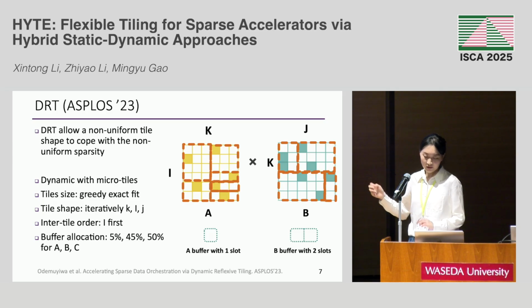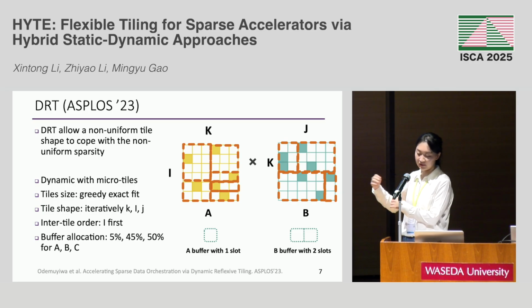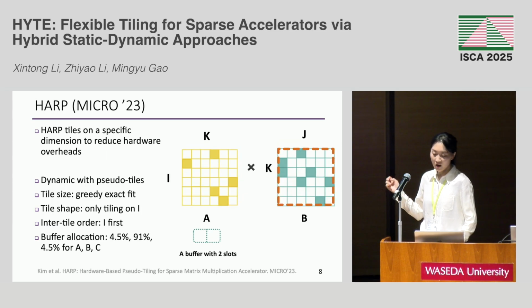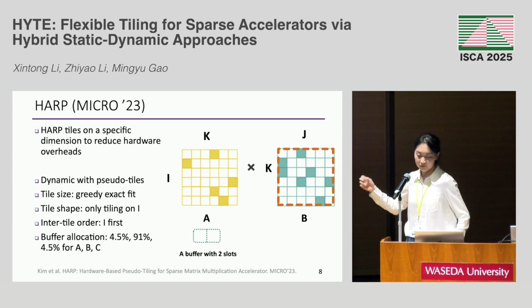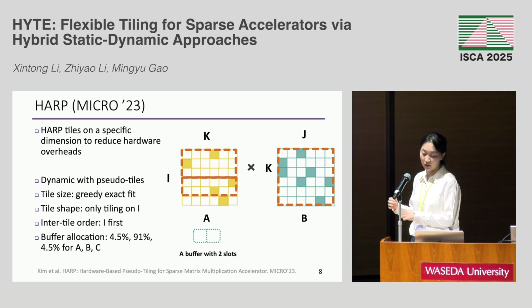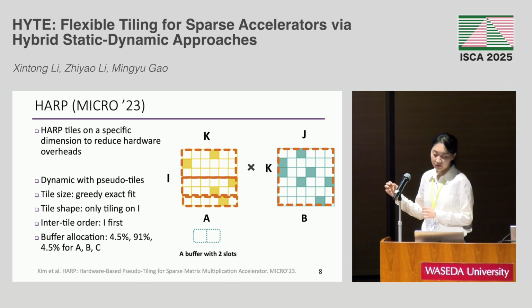The growth order is fixed, expanding K first, then I, then J. To enable this, data is preprocessed into macro tiles. HARP also uses a dynamic tiling strategy, but to cut the preprocessing and hardware cost, it tiles only along the I dimension, which is the easiest way to tile, and skips J and K.